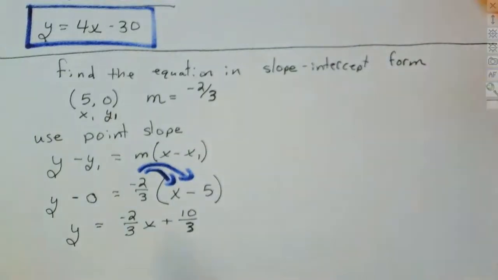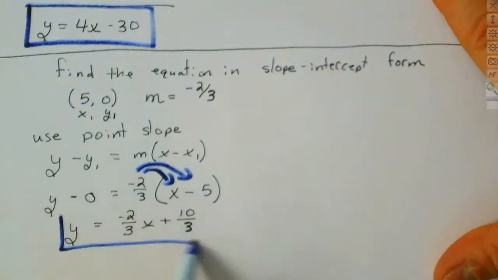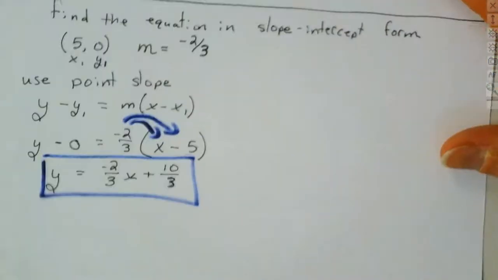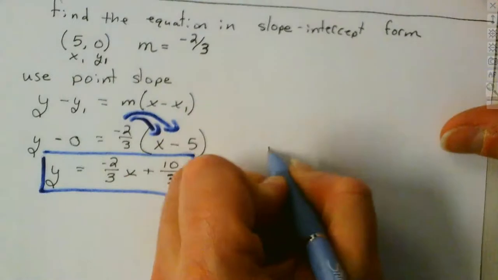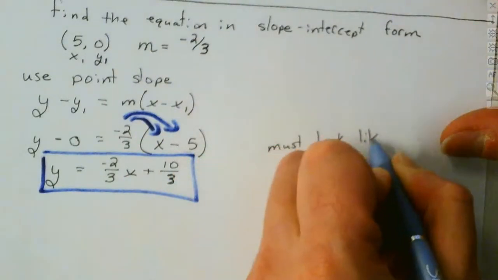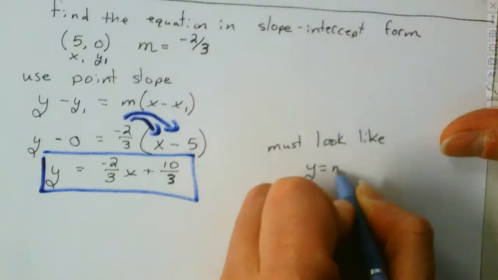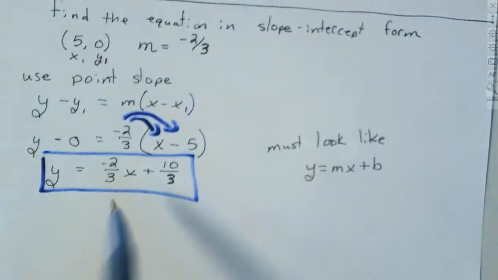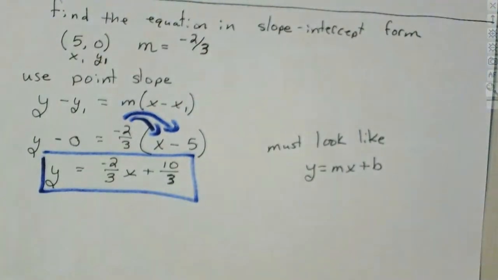How do I know I'm done? Because what does it need to look like? It needs to look like this. It must look like y equals mx plus b. Does it resemble that? Yes. Solve for y, so we know we are done.